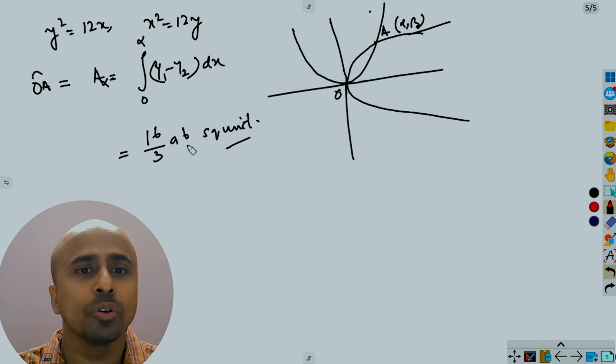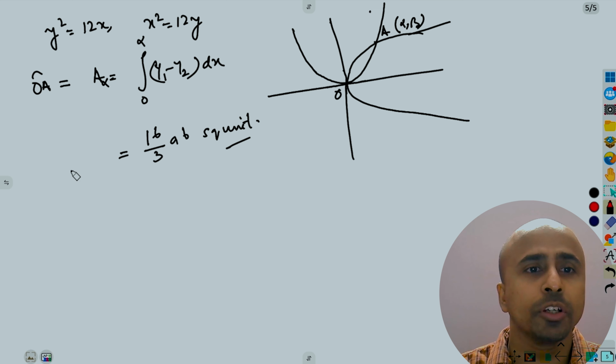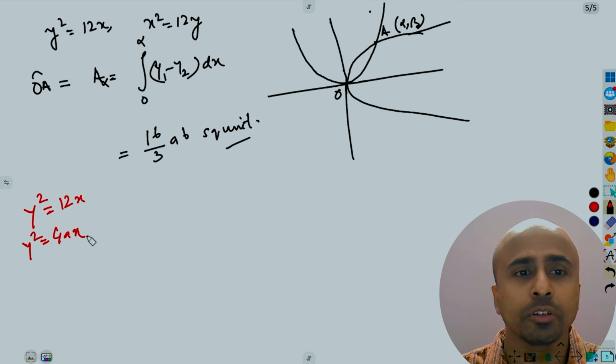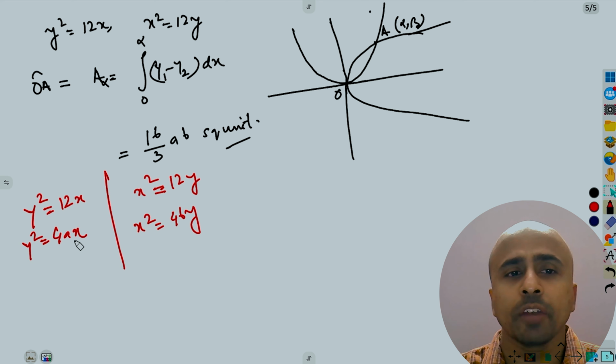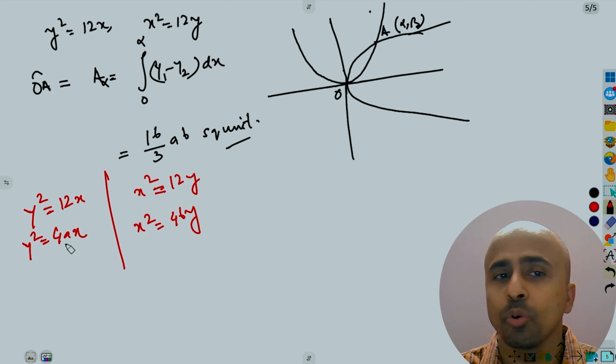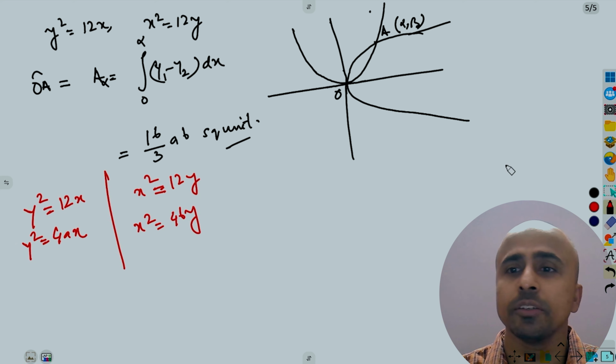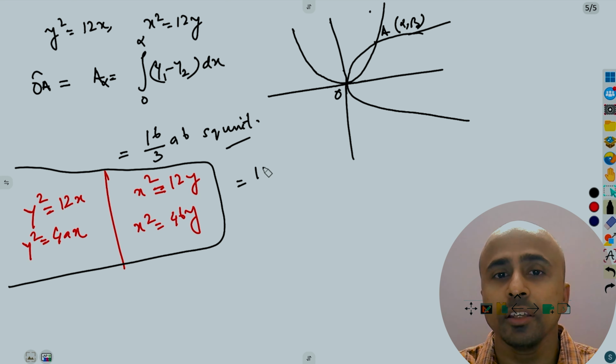If we compare y square equal 12x with the standard form of a parabola, y square equal 4ax, and x square equal 12y with the standard form 4by, we obtain 4a equals 12, that gives a equals 3, and b is also 3.